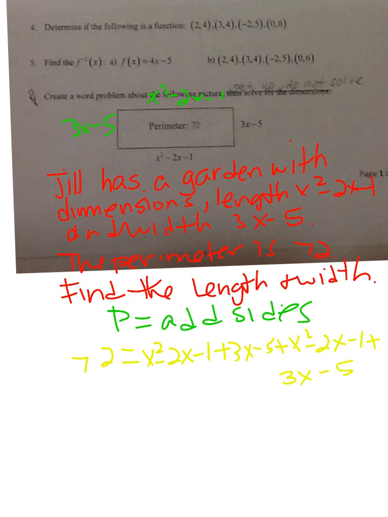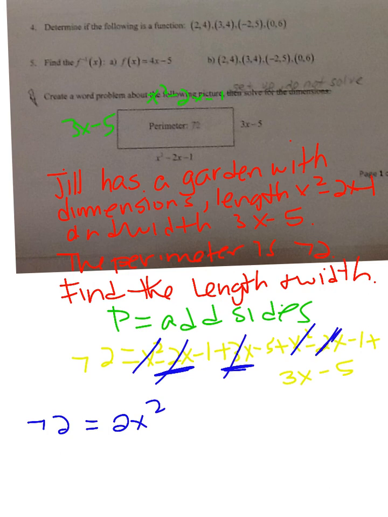So then when I combine like terms, I get 72 equals x squared plus x squared is 2x squared. I have negative 2x, positive 3x is 1x, minus 2x is negative 1x, plus 3x is positive 2x. Negative 1 minus 5 is negative 6, minus 1 is negative 7, minus 5 is negative 12.